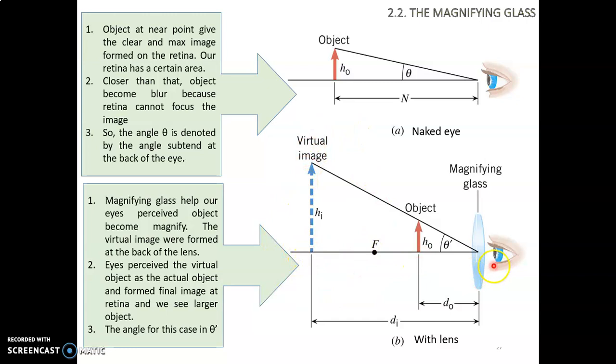So when we look through the magnifying glass, our eye will assume the virtual image here as the actual object. That's why we can see the object become larger as we look through the magnifying glass.